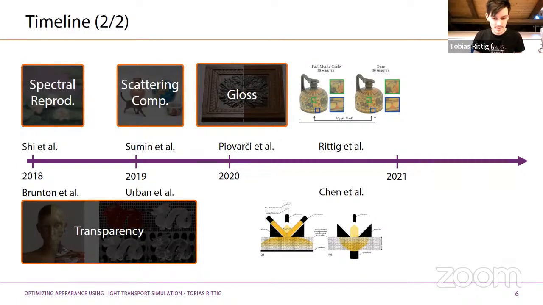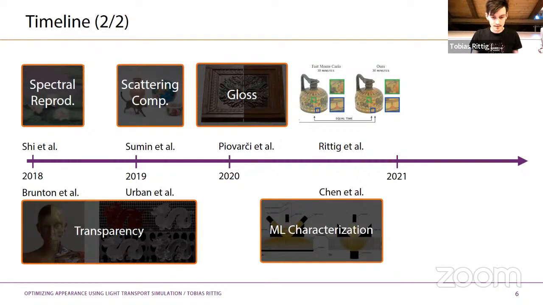The difference between the 2 methods is that the Chen et al. paper bases the results on real measurements, so they really printed out different colors and measured these, whereas in our paper we tried to match the network to a simulation and make it a more general rendering network to predict the appearance, more like a simulator. So this is a machine learning characterization of the 3D printer.